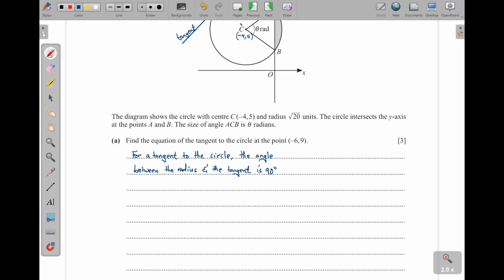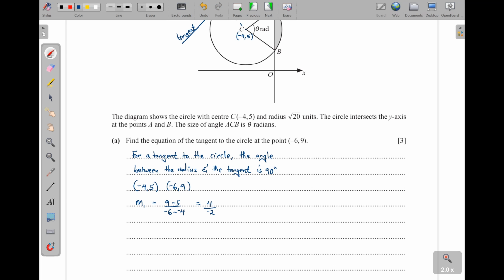So let us use these two coordinates, (-4, 5) and (-6, 9), to find m1, which is 9 minus 5 over -6 minus -4. 9 minus 5, that is a 4, and then this one will be a plus here. So -6 plus 4 will give us a -2.